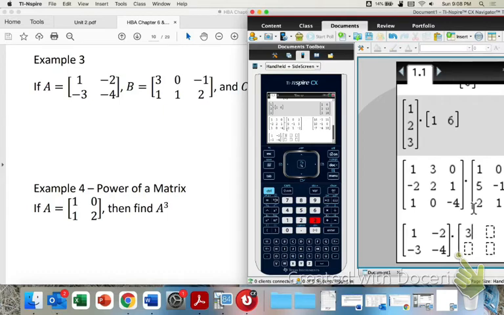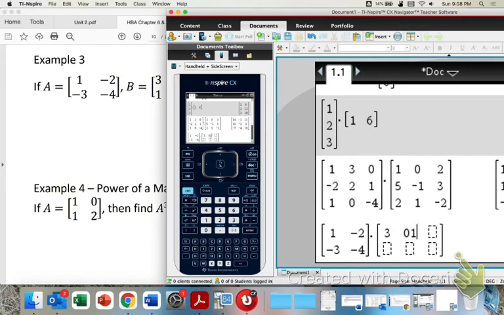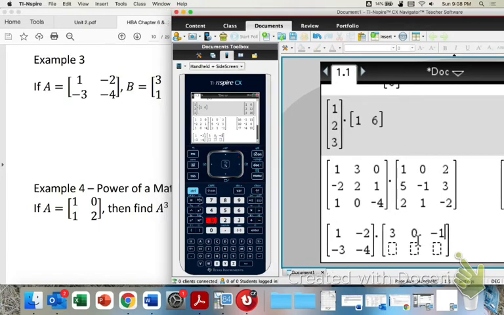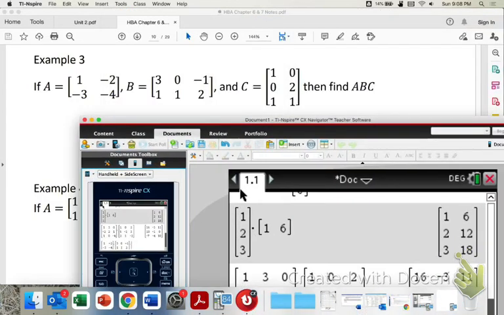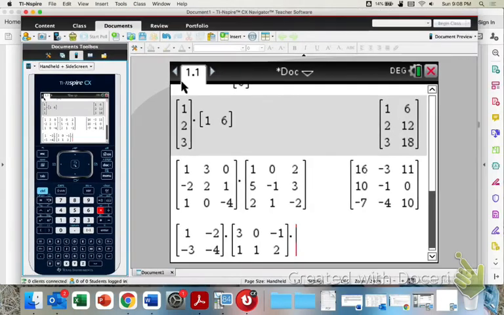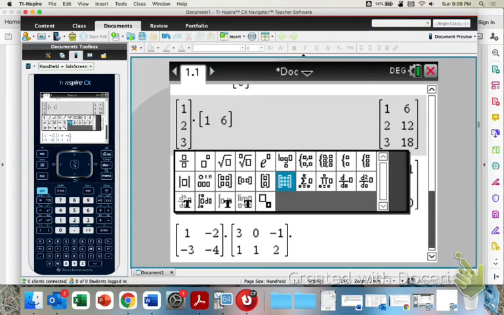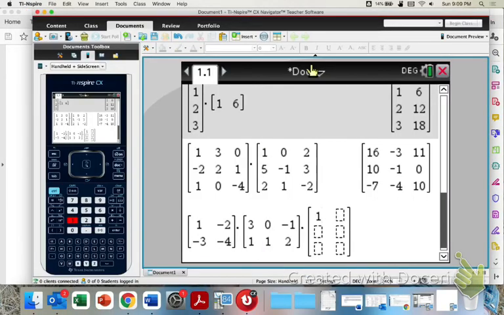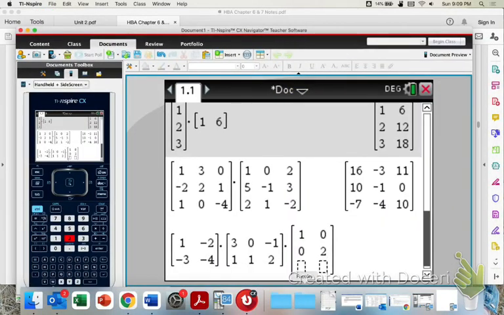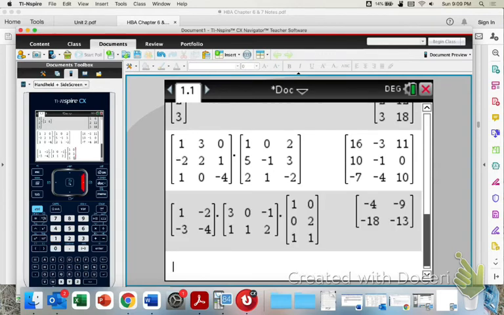That's going to be 3, 0, -1, 1, 1, 2. And then we will multiply by matrix C, which is a 3 by 2: 1, 0, 0, 2, 1, 1. And I can multiply all 3 together at the same time and get an answer back out.